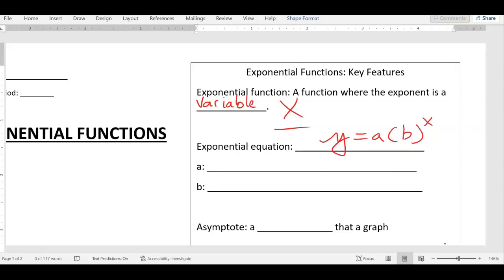Okay, now a is the starting amount. Or the y-intercept. If it's in this form, then the a is the y-intercept. It's what you start with, okay? The initial value.